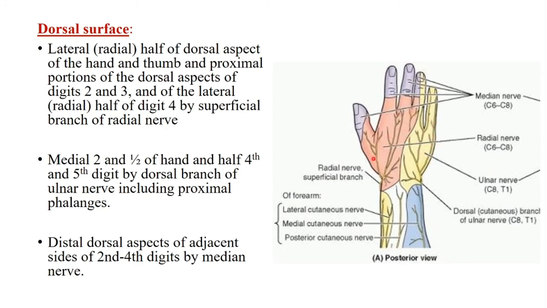Then come the digits. The proximal portions of the first, second, third and half of the fourth are supplied by the radial nerve, while the other half of the fourth and the fifth are supplied by the ulnar nerve.